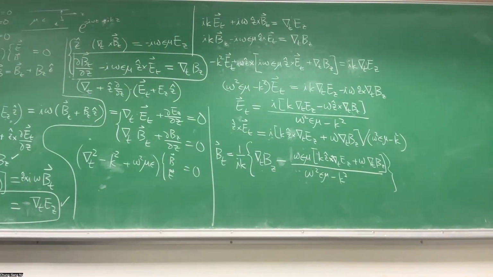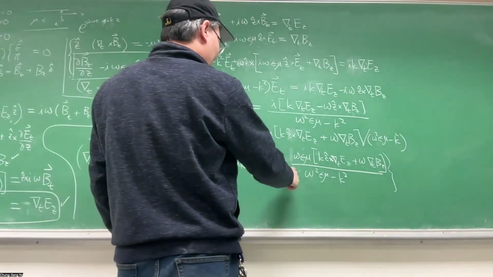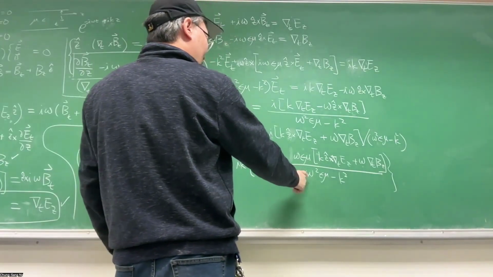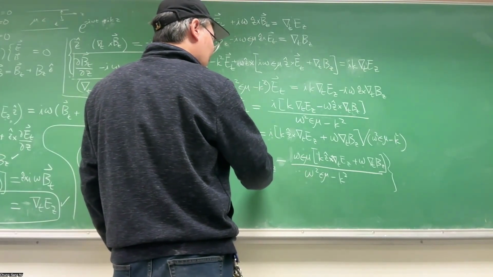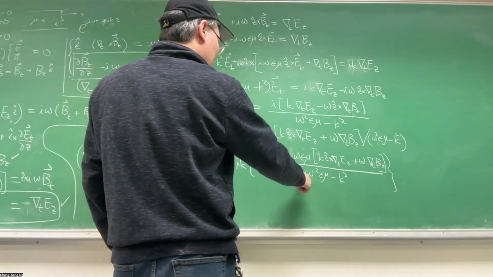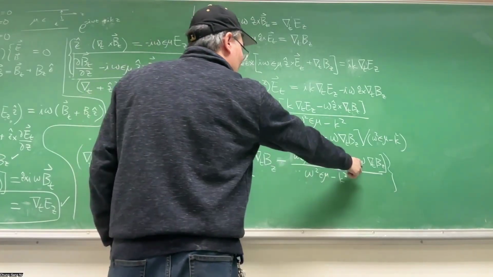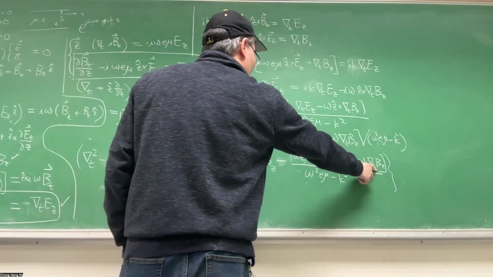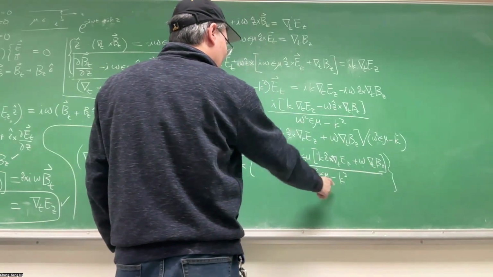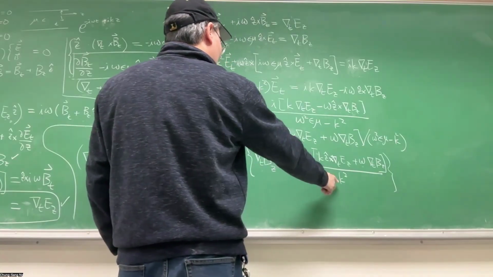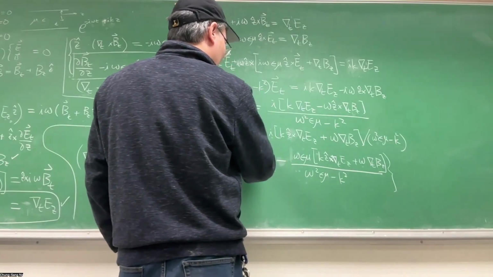Now that's more like it because I want to cancel something. Once you have the common denominator, you have the omega square epsilon mu times this one. But you already have an omega square times epsilon mu times the same one. So this one will cancel. After you do the common denominator out, only the k squared term remains.